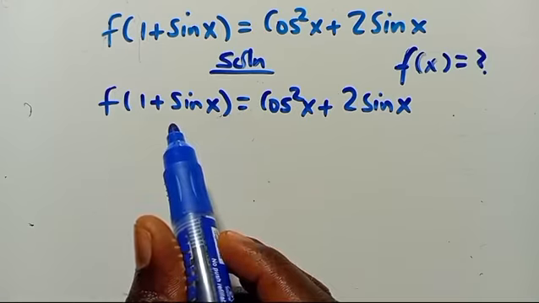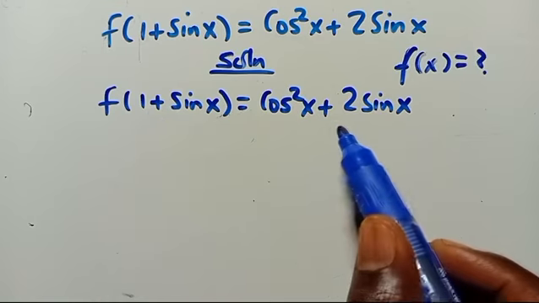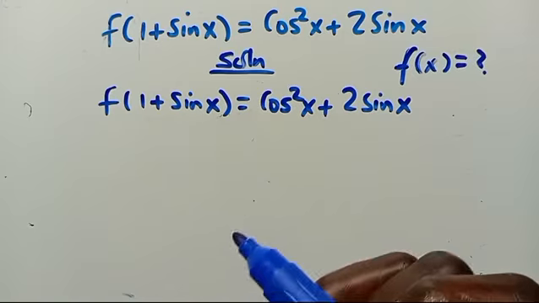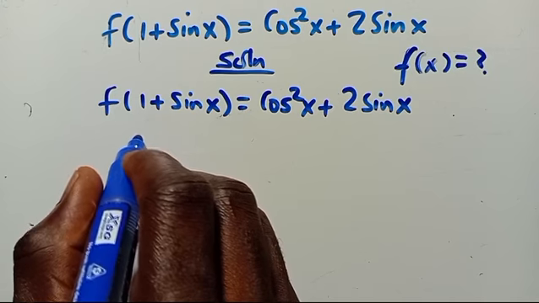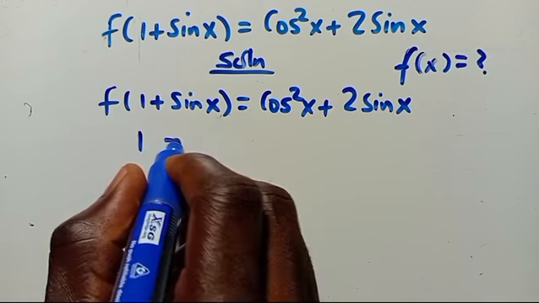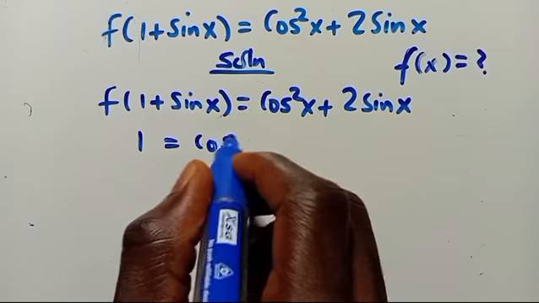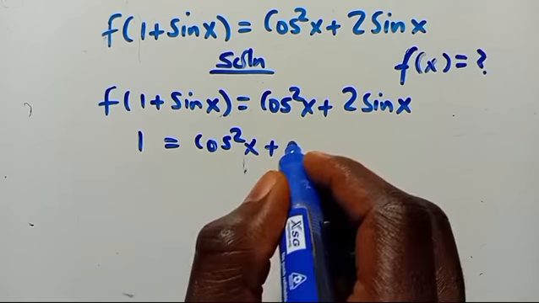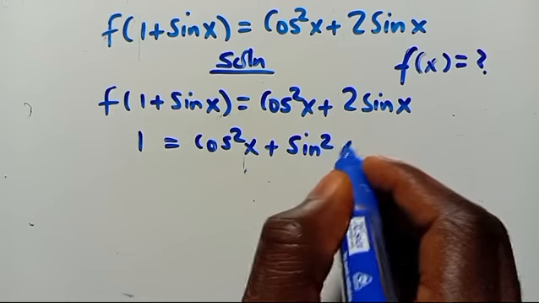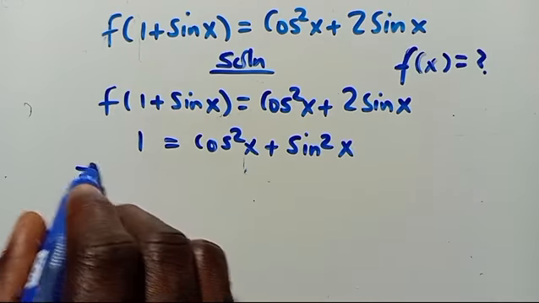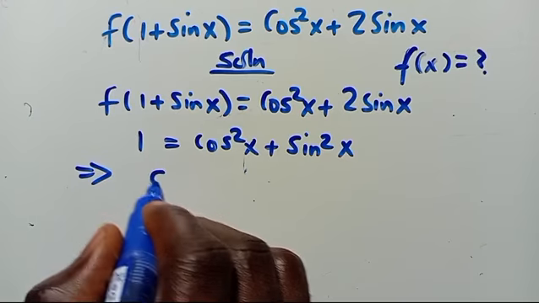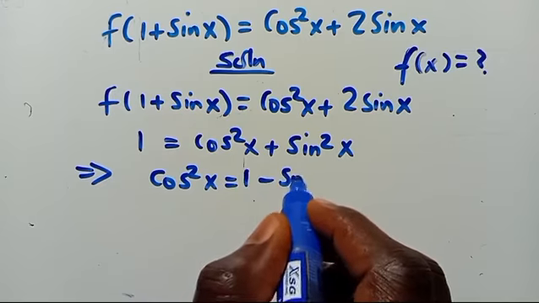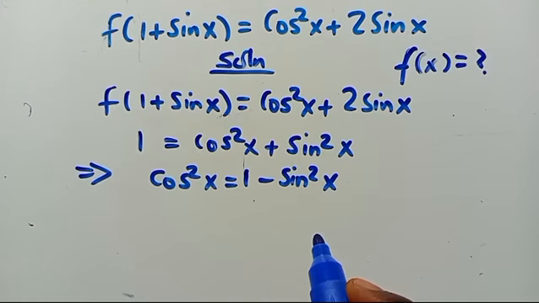First of all, we have sin x here, so we have to express this side in terms of sin x. So now let us note that we have 1 equals cos²x plus sin²x, and this implies cos²x will be equals 1 minus sin²x.